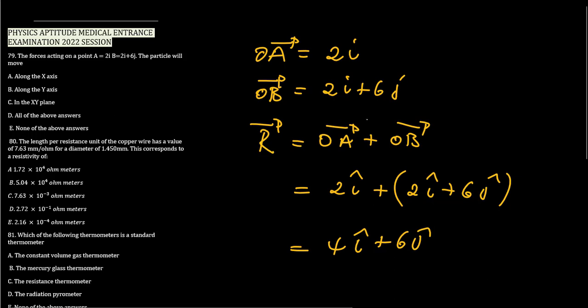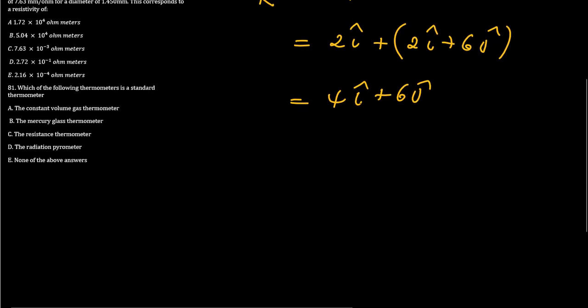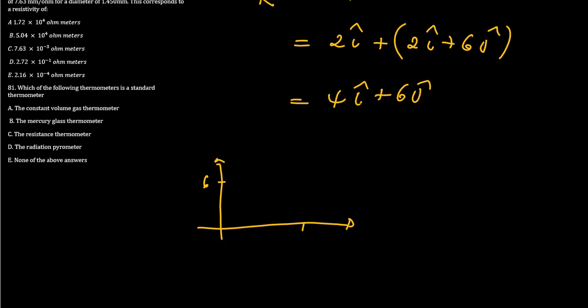Now we see that this is a point along the xy plane. So if this vector was to be represented on the Cartesian plane, we are going to get a point where j is 6 and i is 4, and so the point is going to be somewhere there.